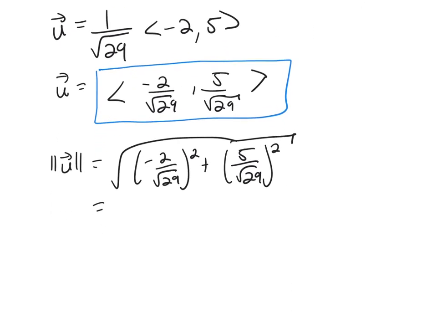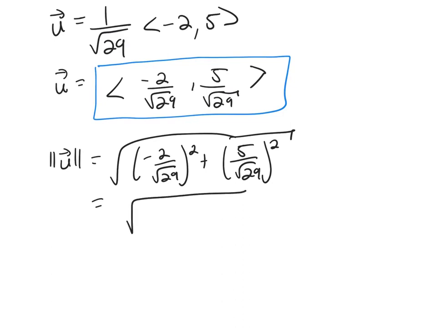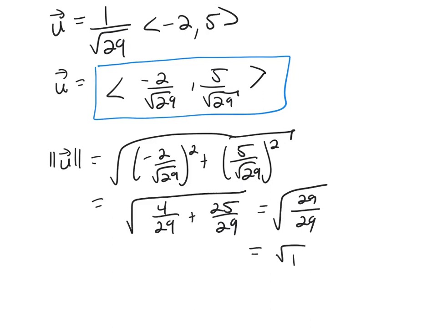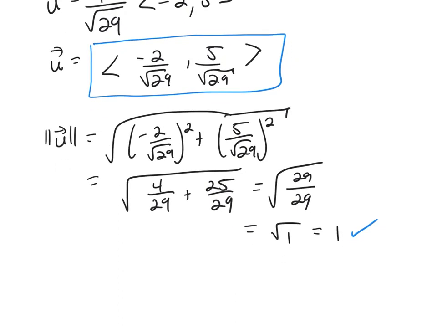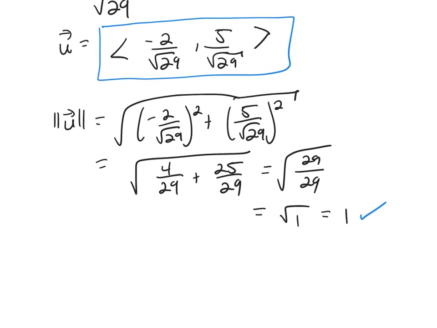So this will be the square root of 4 over 29 plus 25 over 29, which is the square root of 29 over 29, the square root of 1, which is 1. So this is, in fact, a unit vector, and it has the same direction as the vector v.